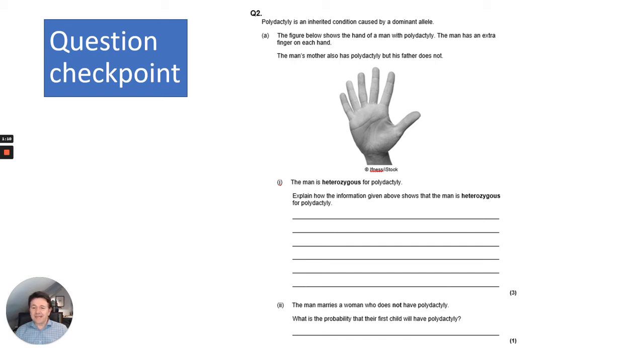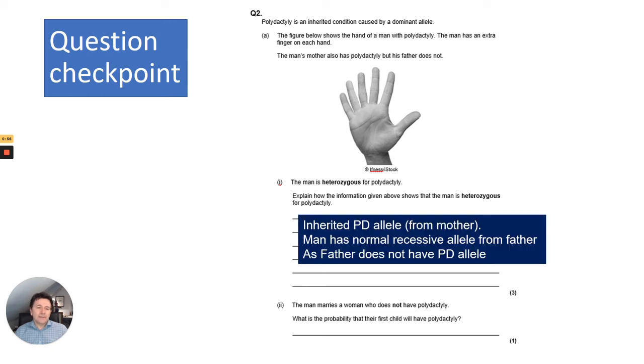Okay, so 3, 2, 1. So the first question, the man is heterozygous, and it wants you to explain how the information given above shows that the man is heterozygous for polydactyly. Well, it's 3 marks, so you've got to say that firstly, the man inherited the PD allele from the mother.